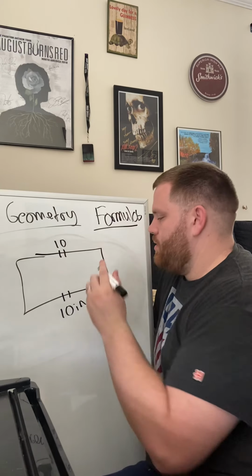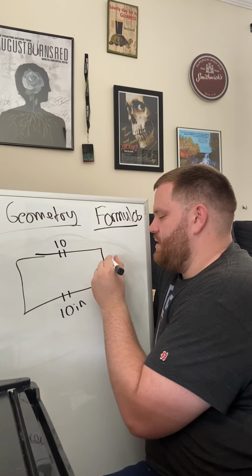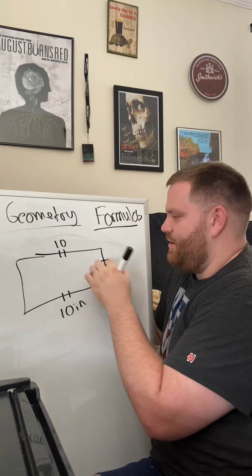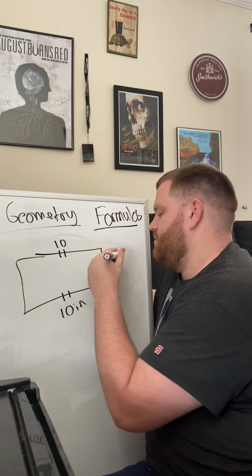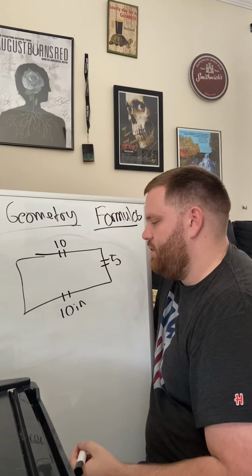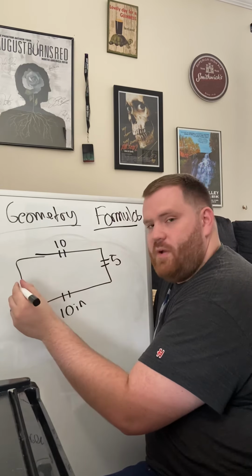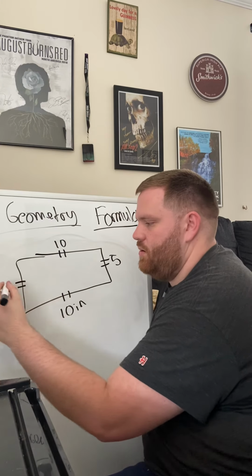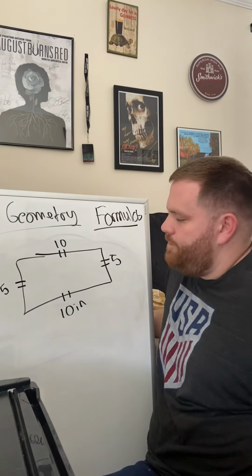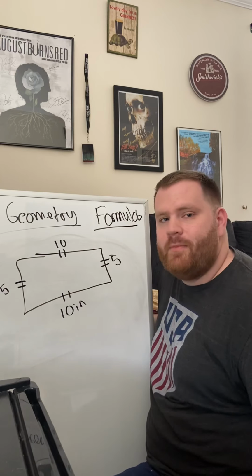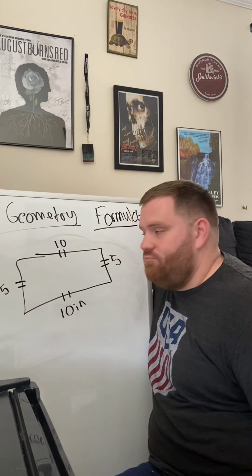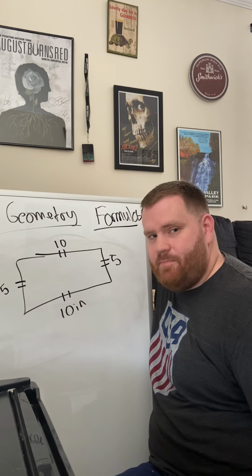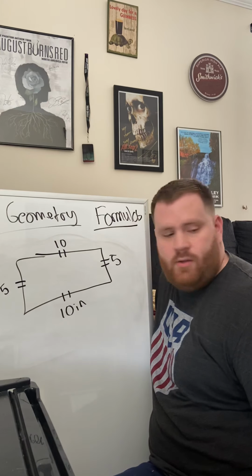Okay? So let's say, obviously this is not as long as this side, so let's say this is 5. The side across the way or opposite of it is also 5. That's how rectangles work. The sides opposite from each other are the same. Keep that in mind.